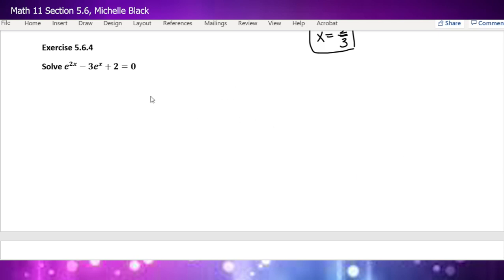Remember I told you that if the term in the center has a power that's half the power of the first term, then you can make it look quadratic by using a substitution like u equals my middle term, and then if I square both sides, I end up with u squared equals e to the, well, if I have a power to a power, I can multiply them, so I get 2x.